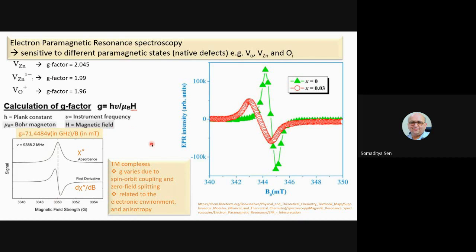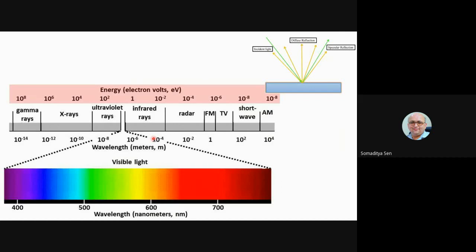That can be correlated to the G factor, and from the G factor you can find out what type of vacancy is there. If the G factor is 1.96, it is an oxygen vacancy with a plus charge. If it is 1.99, it is a zinc vacancy with negative charge. And if it is a normal one, it is 2.05. So by calculating the G value, you can find out what type of defect it is.